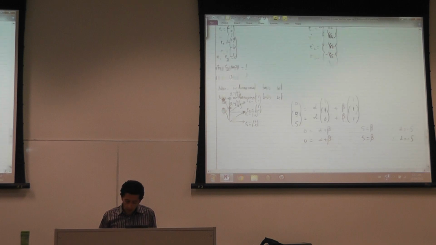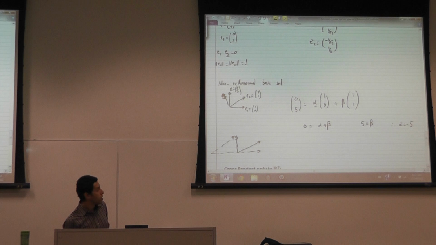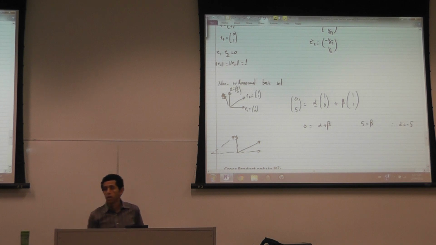Which basically tells me that to represent 0, 5 using this non-orthonormal basis set, we need to walk, because I'm using this direction and this direction as my basis set. You need to go negative 5 in this direction, and then positive 5 in this direction, and you're going to get this vector here.